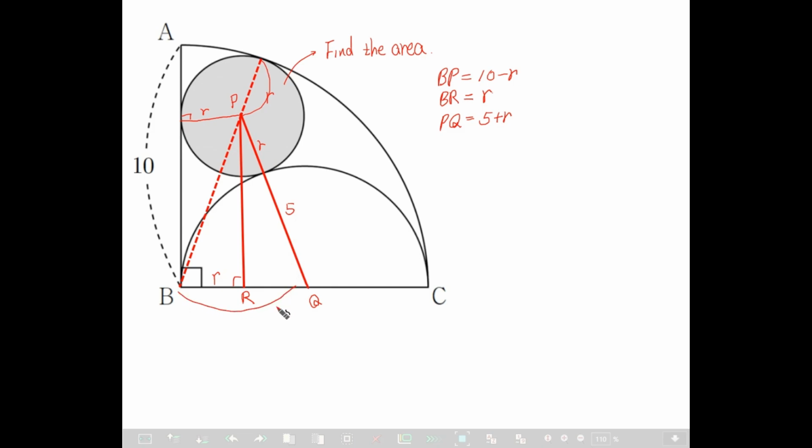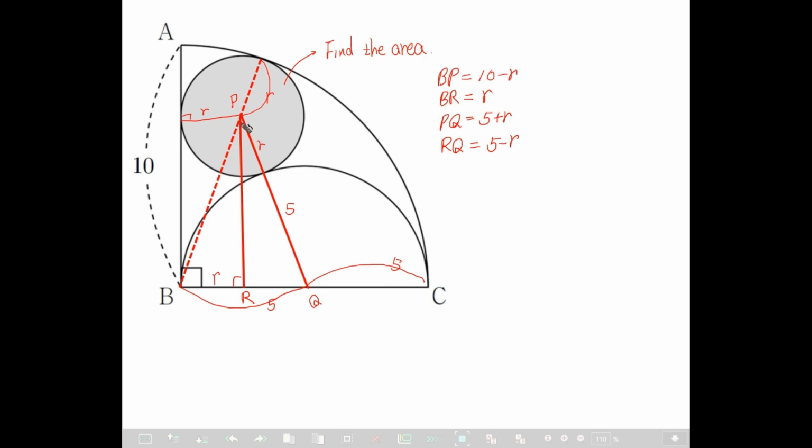Because this is 5, here also 5. So RQ equals 5 minus R.